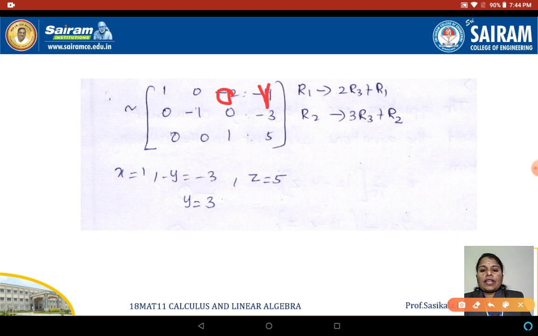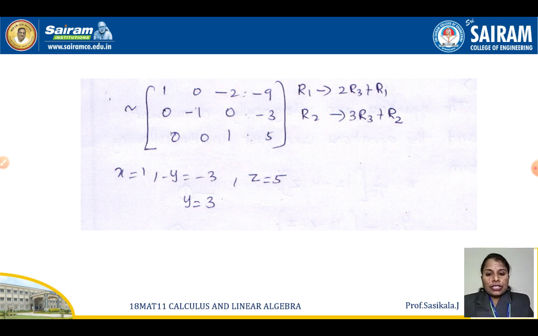So this is the answer. From this substitution you can go x is equal to 1, minus y is equal to minus 3, so y is equal to 3 and z is equal to 5. Okay, so this is your solution after using the Gauss-Jordan elimination method.